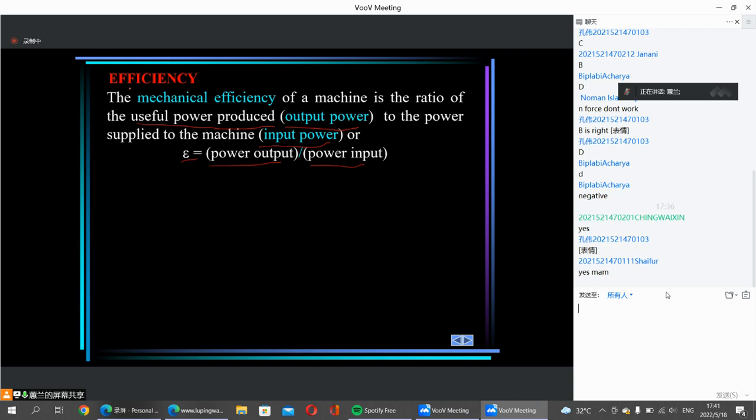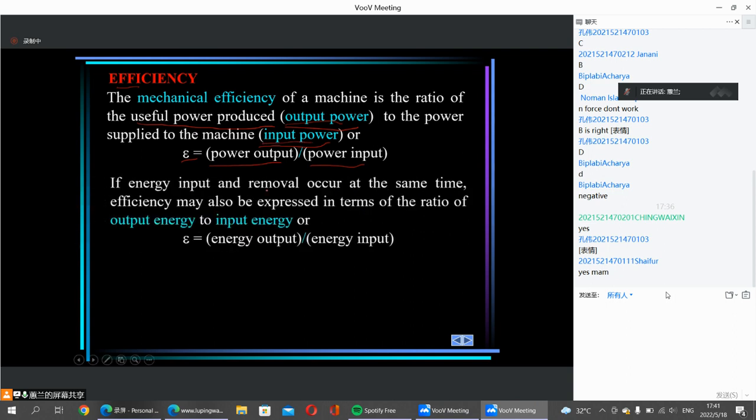Later on in the course of hydrostatics, we will know the efficiency. Often we will try to calculate the efficiency of a pump or a turbine. Part of the power is transferred to the energy of the water, so only part of the power provided by the pump is used. That means the output power is smaller than the input power, and the ratio is called the efficiency.